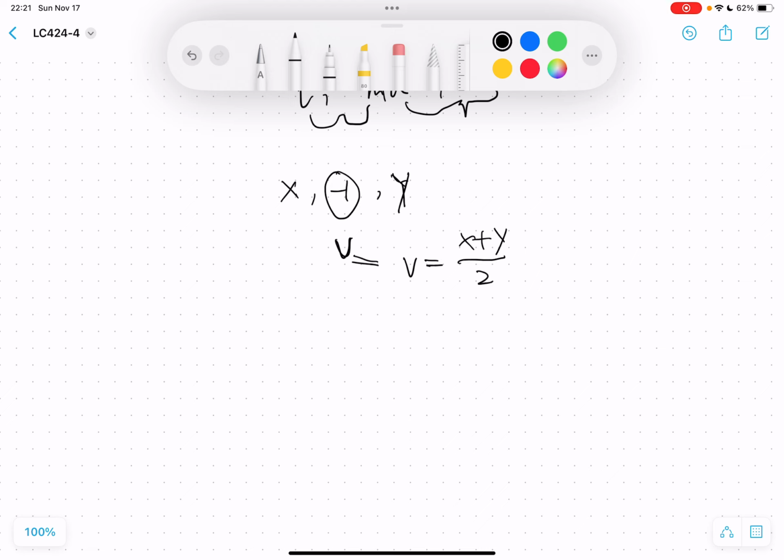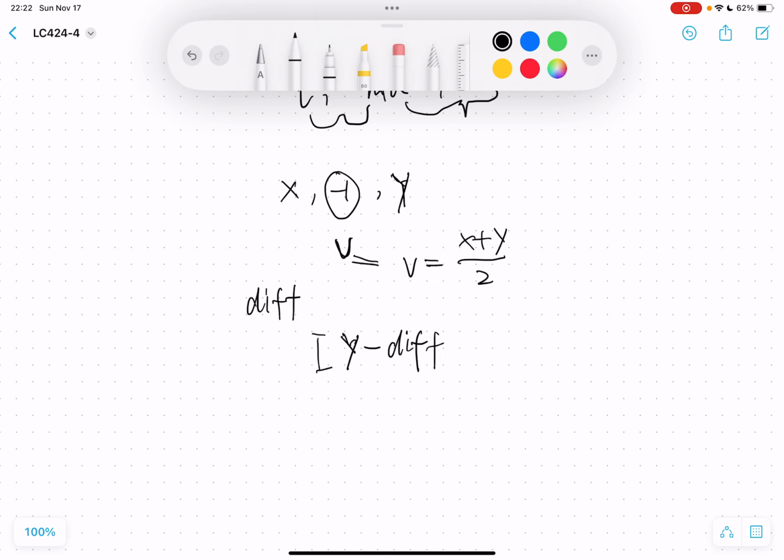This can make the differences as small as possible. For a specific diff, the value range that we can fill with: the left end of the interval should be y minus diff.